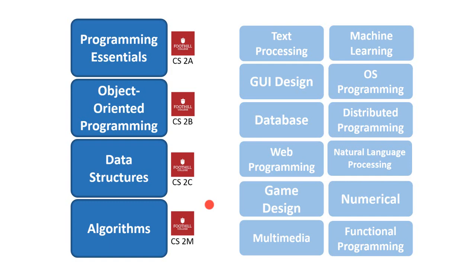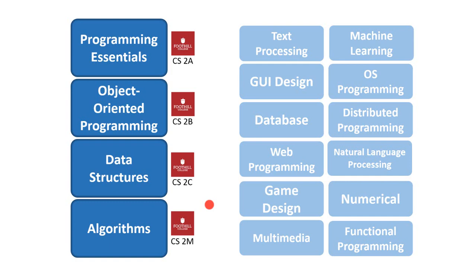The names may be different from the courses listed at Foothill College, but this is the terminology I'm using right now. The first course is Programming Essentials. It covers structured programming, including data representation, conditional statements, loops, functions, and basic data structures.